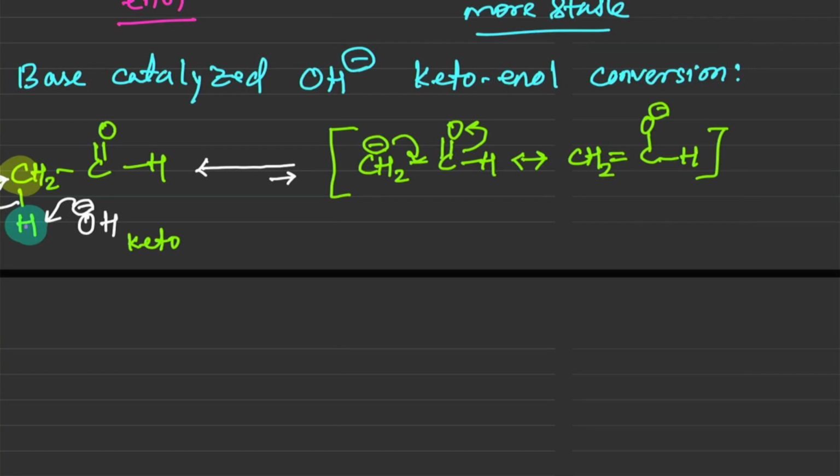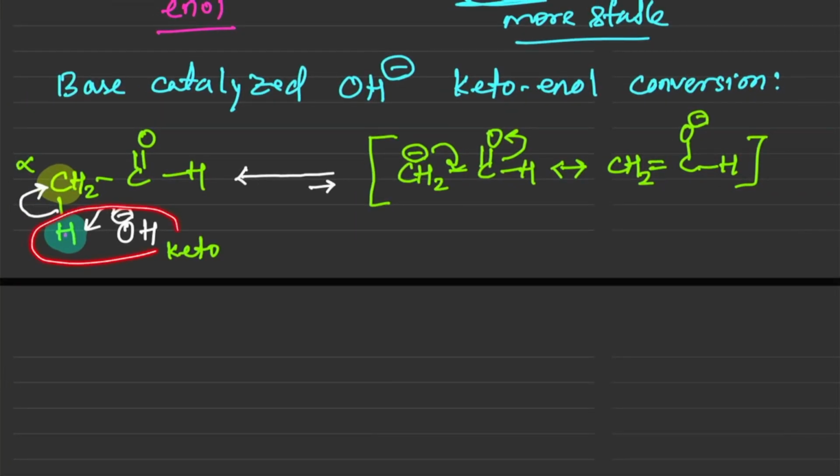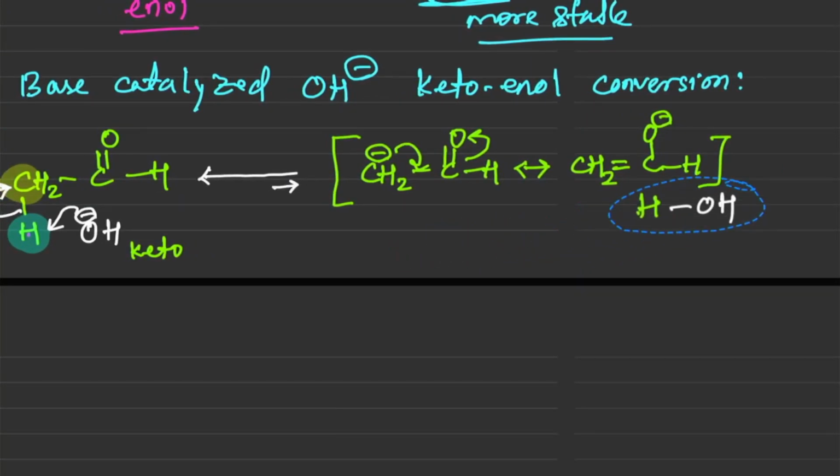So where does the water come from? You notice here OH minus is abstracting H. So basically you're gonna make H OH, water, right? So this water you just created is gonna be utilized again.